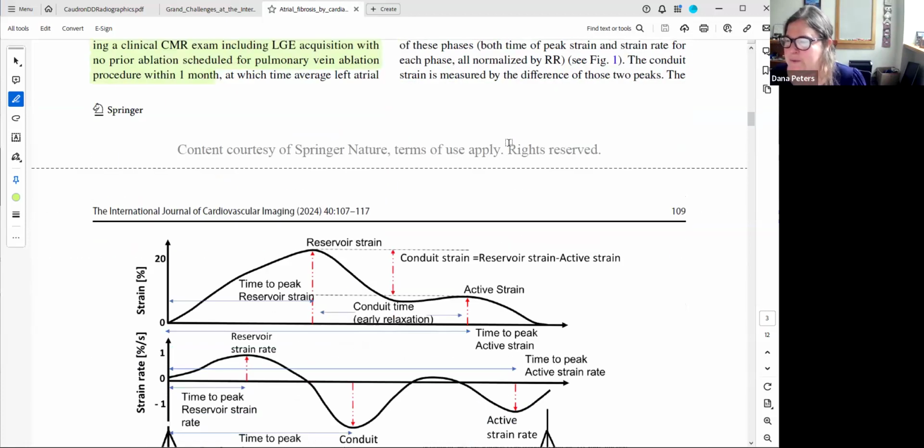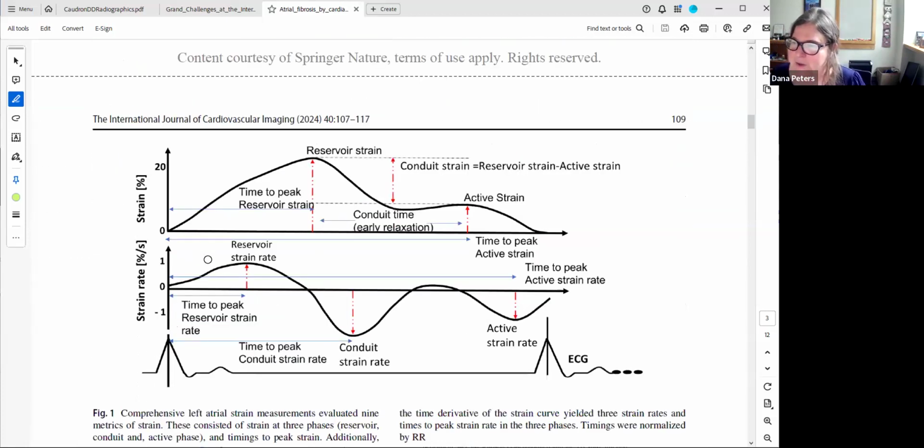So we were able to measure strain, and here you can see the definitions of strain: reservoir strain, conduit strain, and active strain during the atrial kick. And then we also measured the times to peak reservoir strain and to the time of conduit strain, and we also measured the strain rates. It was a comprehensive evaluation of left atrial global longitudinal strain.